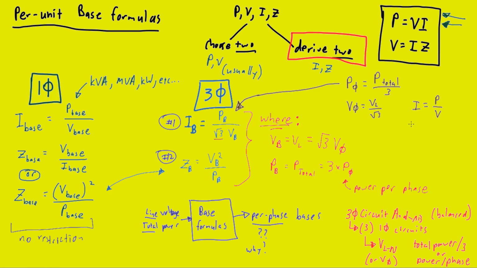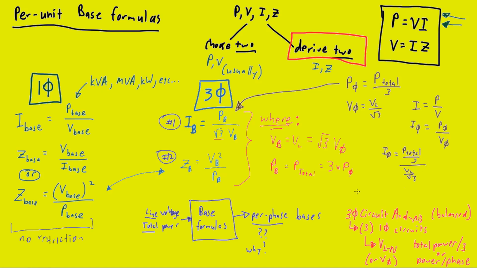Now moving to our desired outputs, we are going to add in our phase subscripts to demonstrate that we will be getting phase values out. So you can see our desired output of phase current is demonstrated here as our total power divided by 3, which is our per phase power, over our line voltage divided by root 3, which is our phase voltage. So our phase current is a division of our power per phase over our phase voltage.